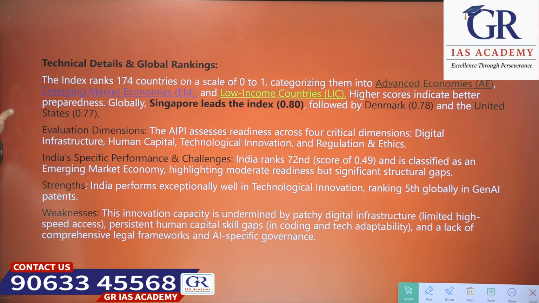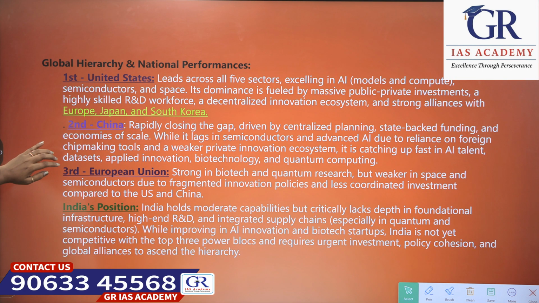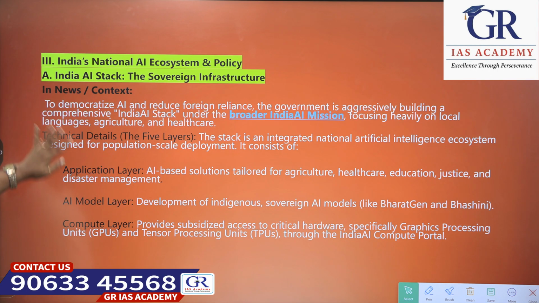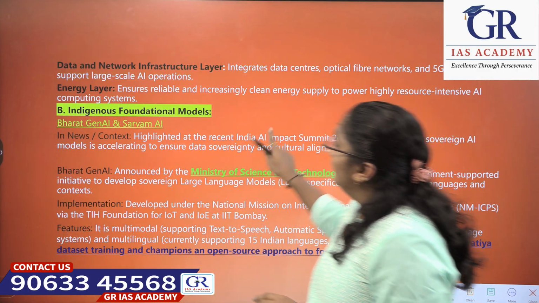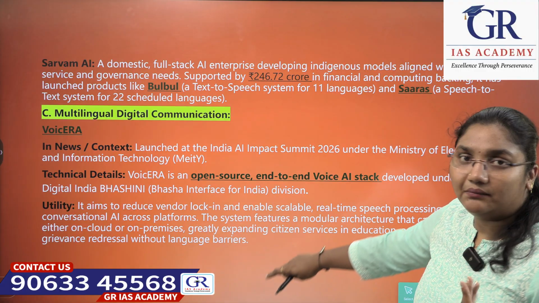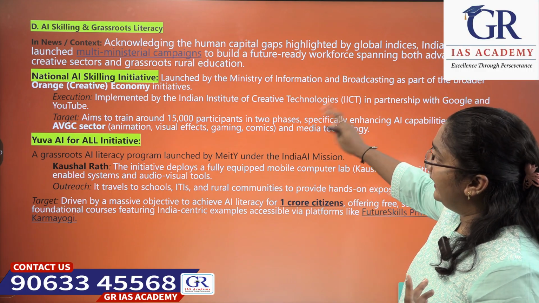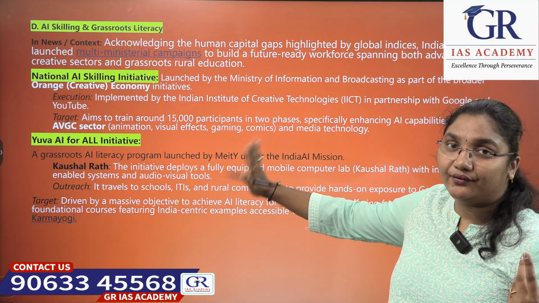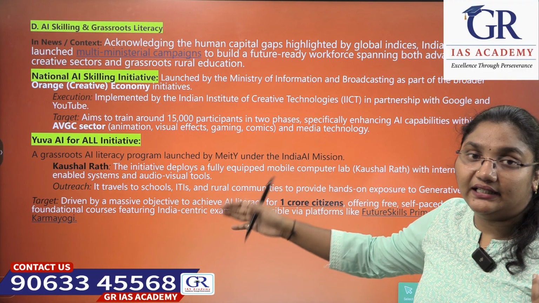We have seen a few critical emerging technology indexes and the hierarchy on it, and we have come through the national AI ecosystem and policies, a few foundational models, and multilingual digital communications, AI initiatives like YUVA AI for All, and the National AI Skilling Initiative.